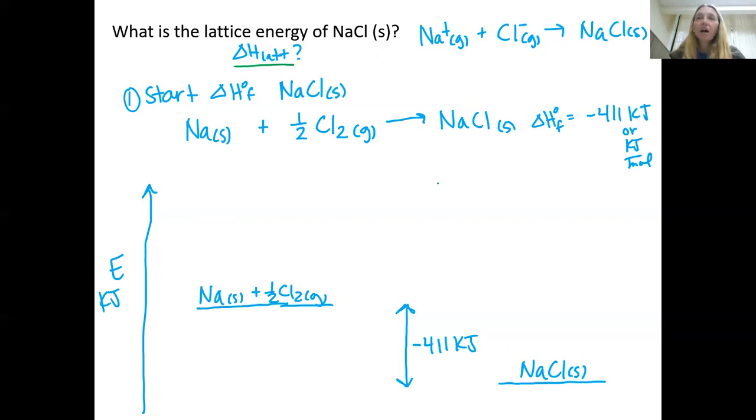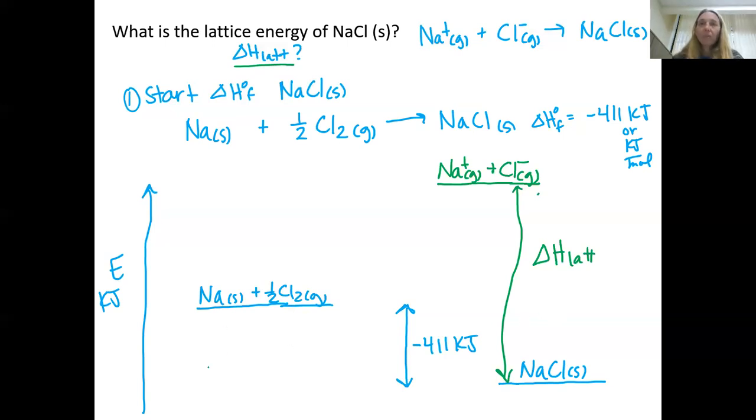And that's usually higher in energy. So I'm going to draw this as Na+ gas plus Cl- gas. So there are my reactants, and that's going to take some energy. And that energy right there is going to be delta H lattice energy.